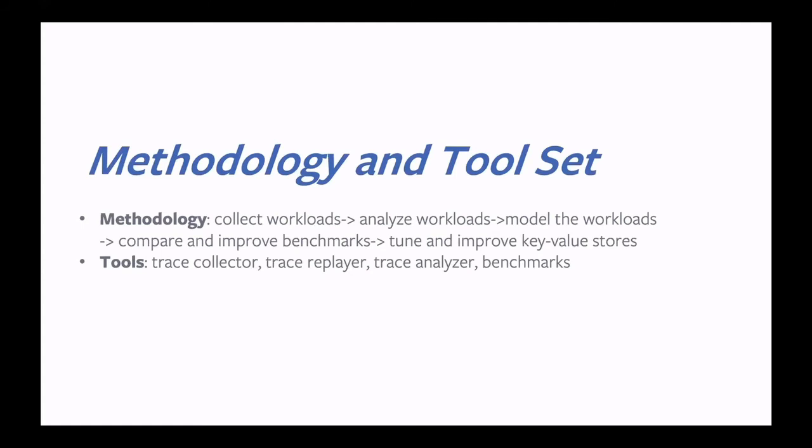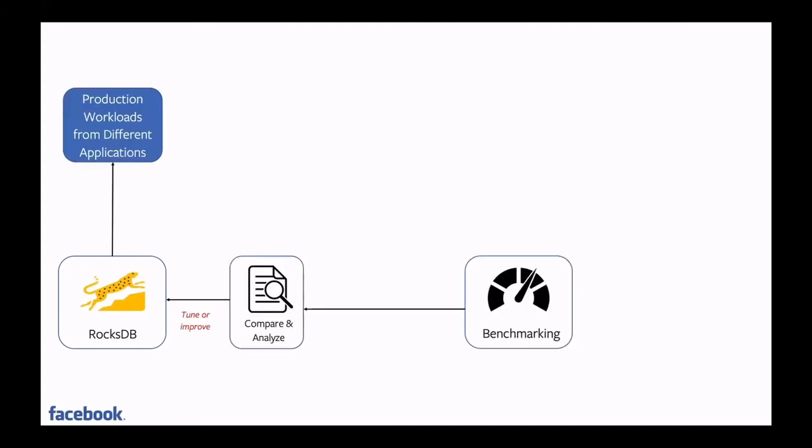First, we have RocksDB, and we have different applications running on top of it. Usually we just run db_bench or other benchmarks and compare the results with the scenario we want to use RocksDB for. And then we can tune or improve it.